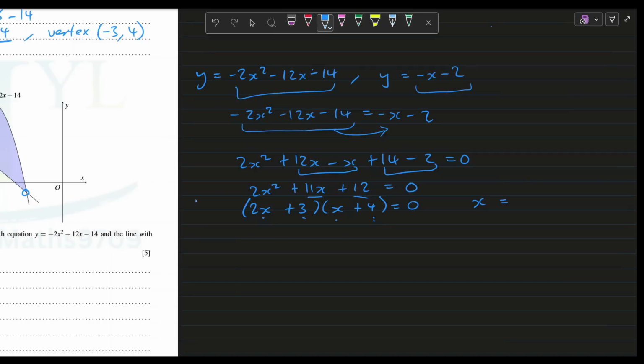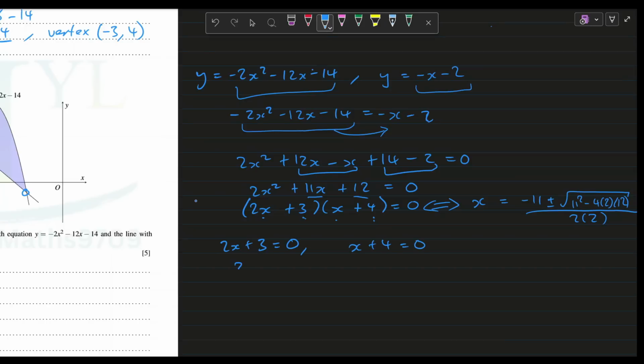So x is equal to minus 11 plus or minus the square root of 11 squared minus 4 times 2 times 12, all over 2 times 2. They need to see this to give you the mark. That would be the equivalent of showing that factorization step there. So here we're going to get 2x plus 3 is 0, or x plus 4 is equal to 0.